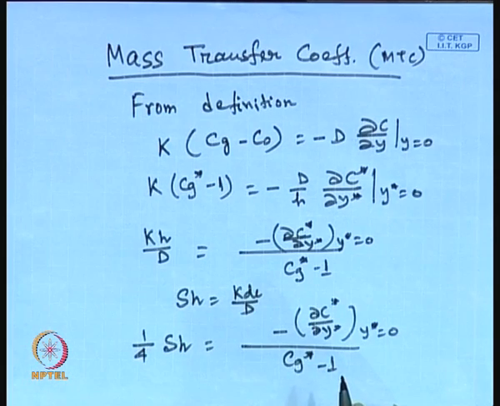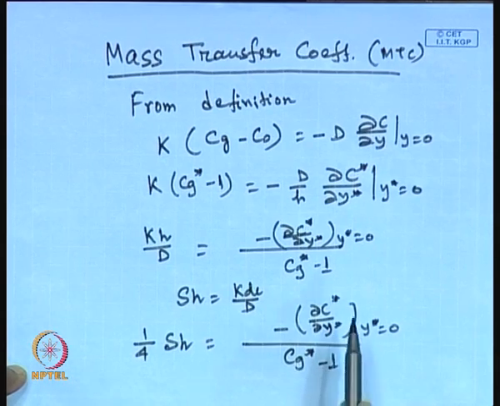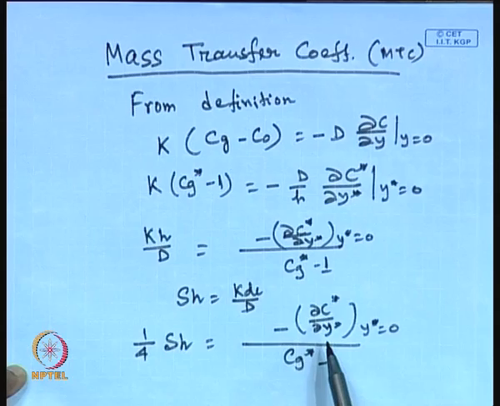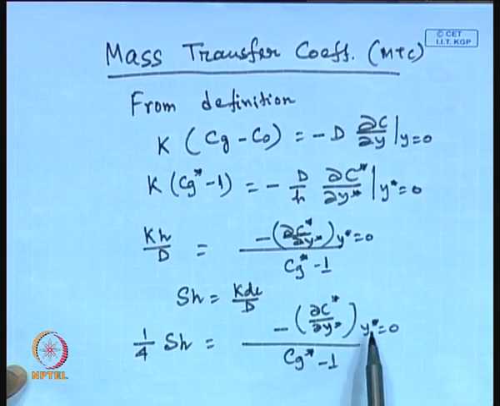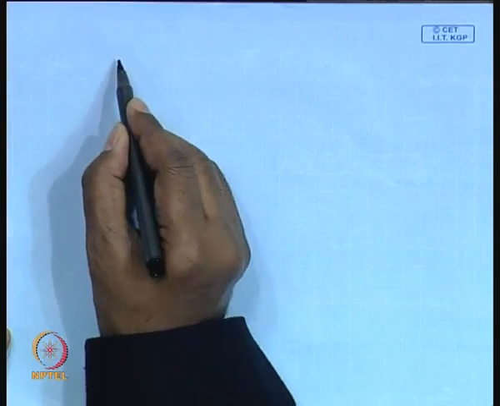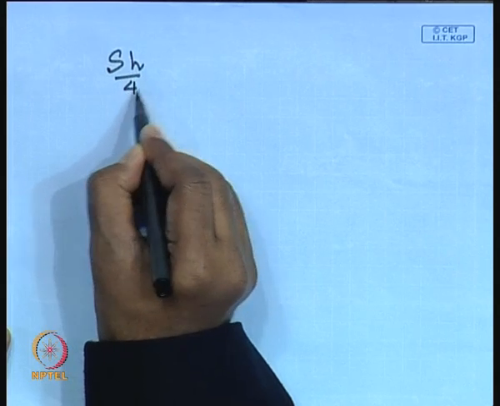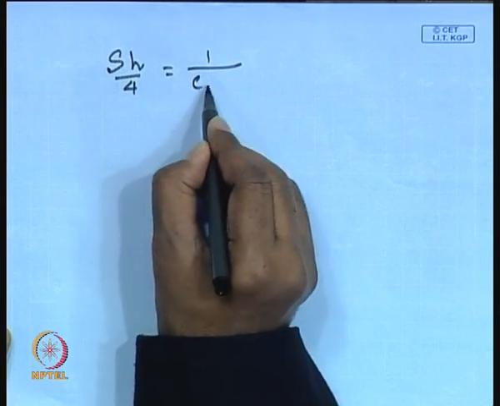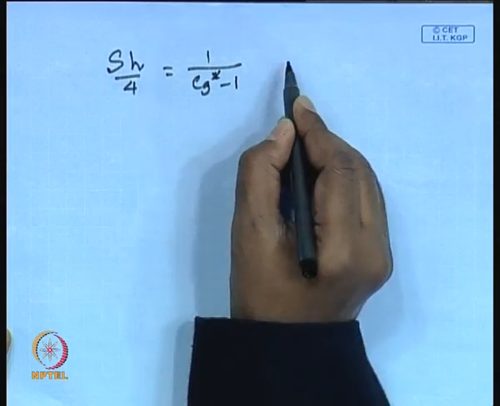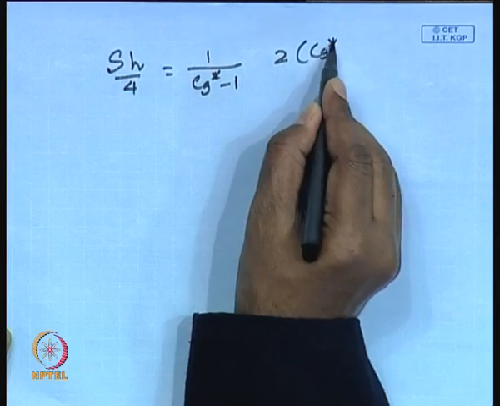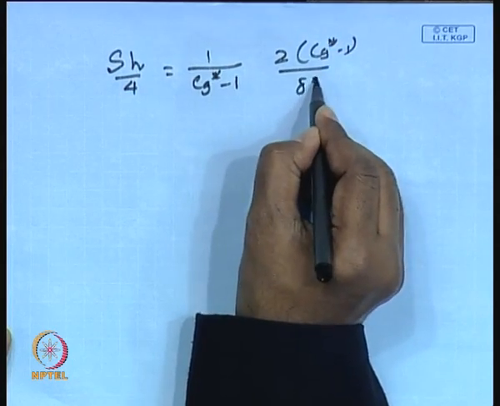Okay. So, now what we can do, we already have the expression of del C star del y star in terms of y star, delta, etc., and we evaluate that profile at y star equal to 0 and substitute it here. If you do that, you will get Sherwood divided by 4 equal to 1 over (Cg star minus 1) times 2 times (Cg star minus 1) divided by delta star.